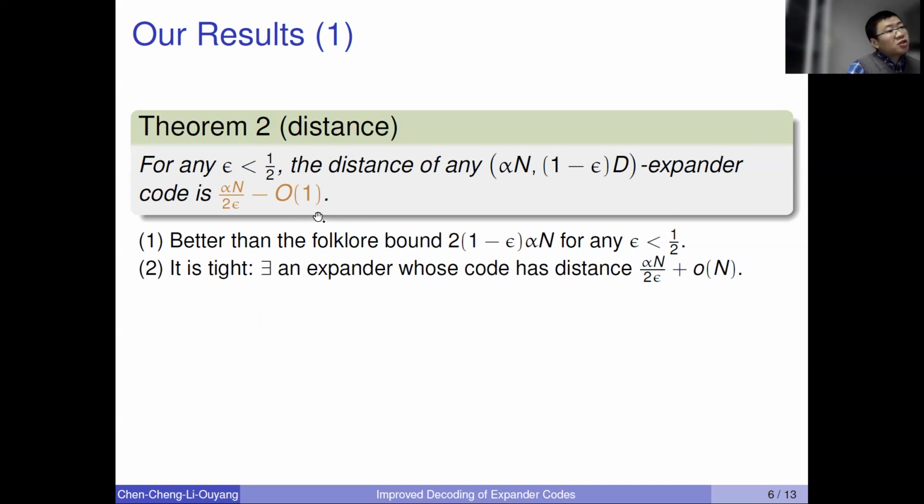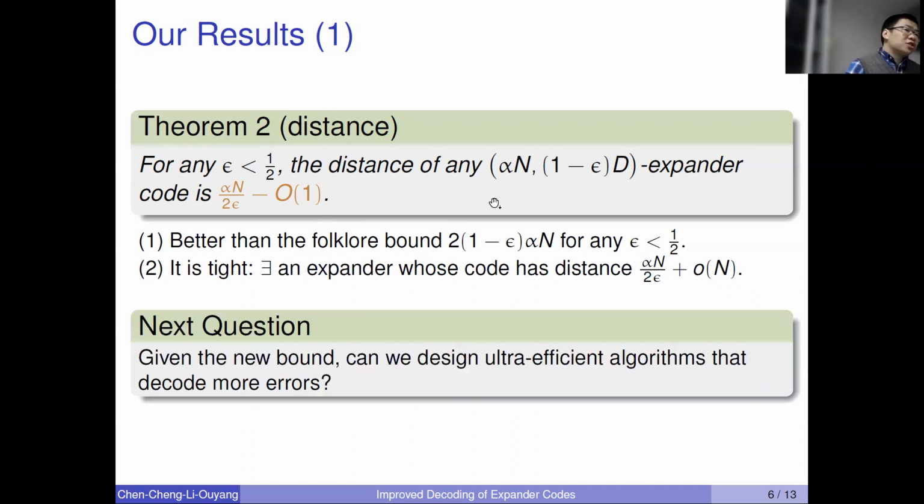But then, given the new bound on the distance of the expander code, the next question will be, can we design ultra-efficient algorithms that decode more errors? In particular, if epsilon is small, can we decode errors on the order of alpha n over epsilon instead of some constant times alpha n?